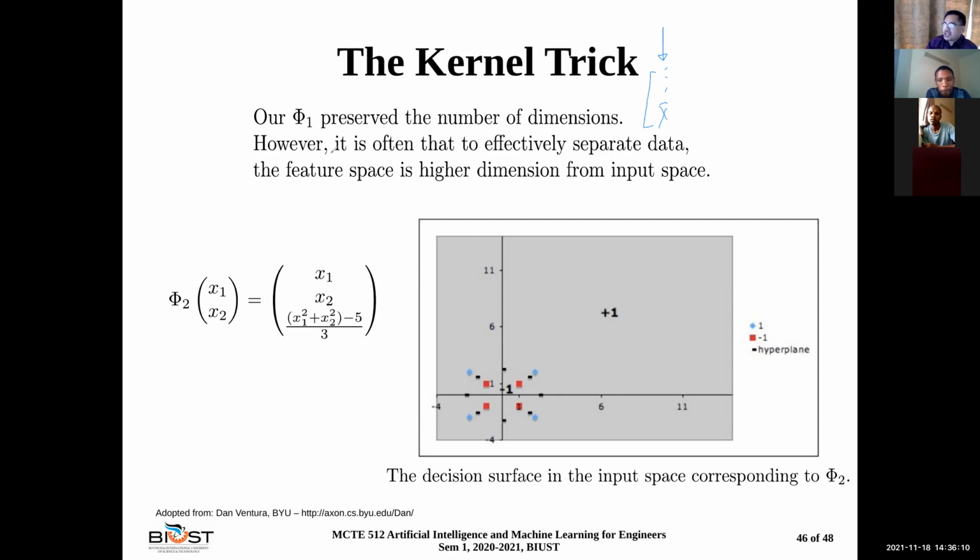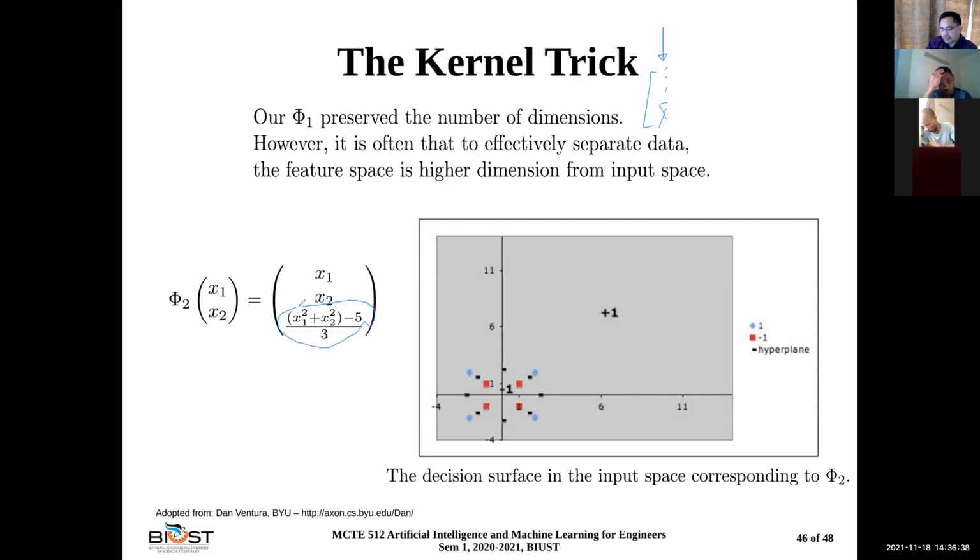Let's just read it. Effectively, to separate the data, the feature space is of higher dimension than the input space. Now what is the third dimension? Previously there were two dimensions, x1 and x2. Now we create a third dimension with this term. How did they come up with that term?